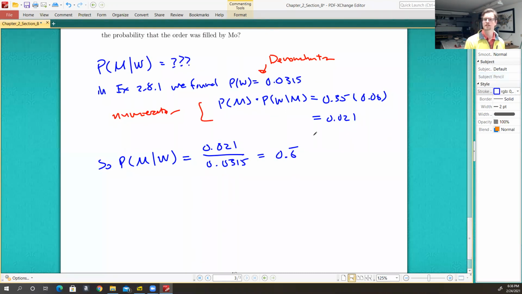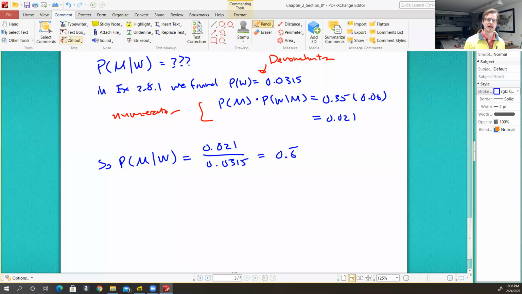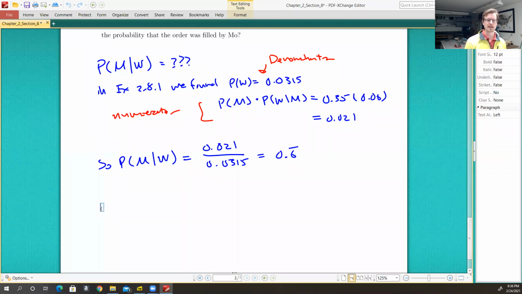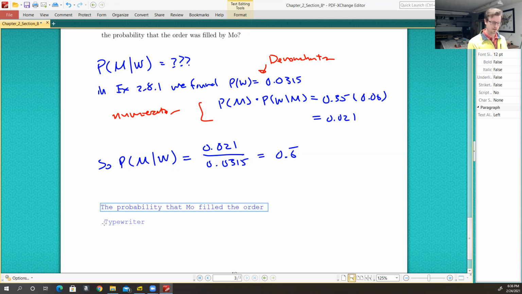So to answer the question that was asked: what's the probability that Mo filled the order given that there was a mistake made? The probability that Mo filled the order given that a mistake was made is, might be nicer to just call it 2/3 in this case. And that's it.